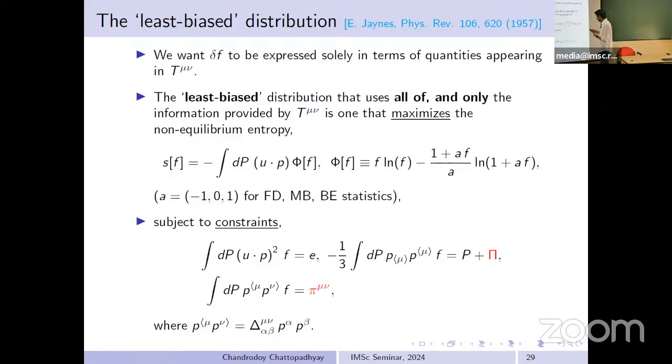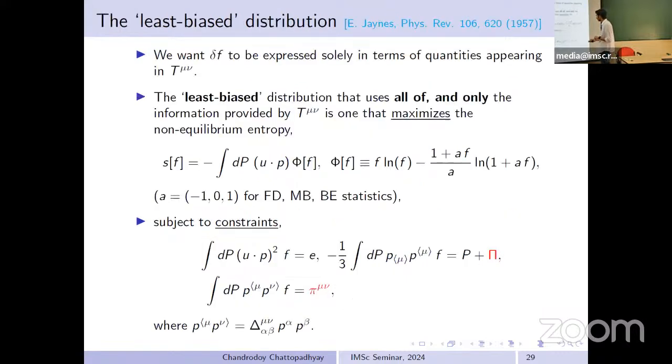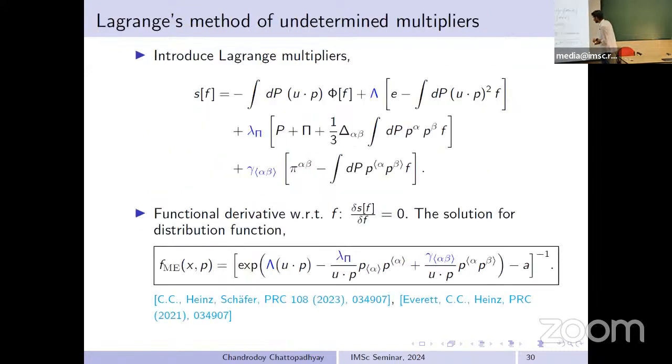So this becomes a standard problem of using Lagrange multipliers. We introduce the number of Lagrange multipliers required for each of these constraints, solve this maximization problem, and call the result the maximum entropy solution, where these quantities in blue are Lagrange multipliers corresponding to the energy density, the isotropic pressure, and the shear stress tensor.